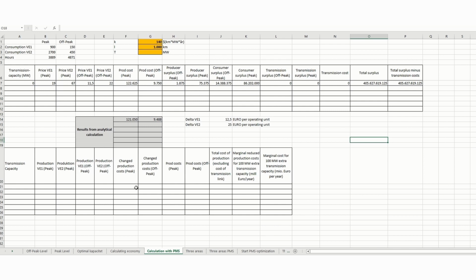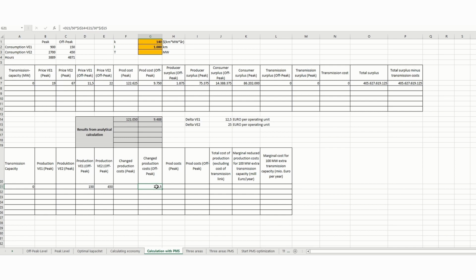What we do is say, okay, now we want to do the calculation for zero transmission capacity. We will do the calculation here for off-peak as an example. Here, this is the production in off-peak, and we calculate the change in production cost here.